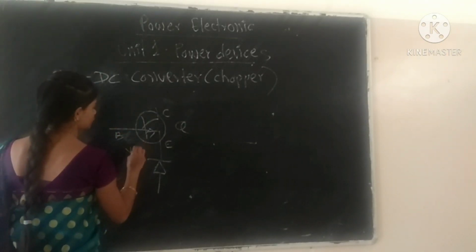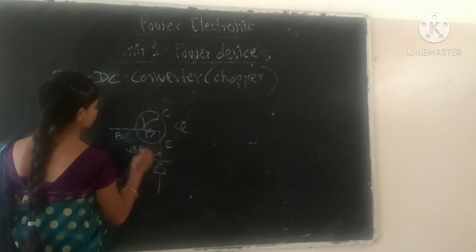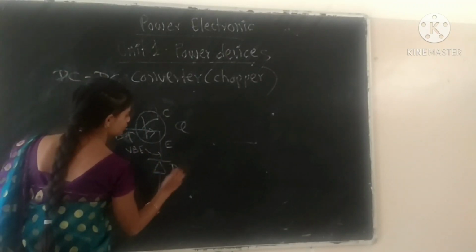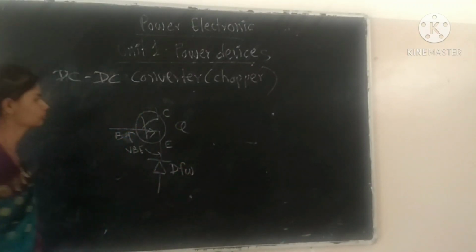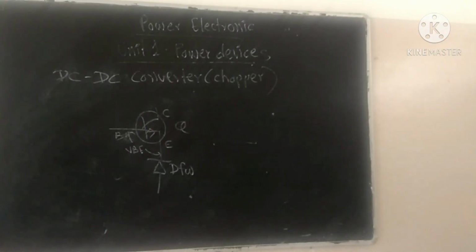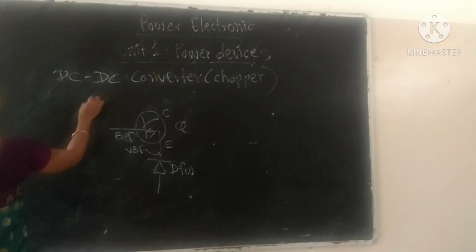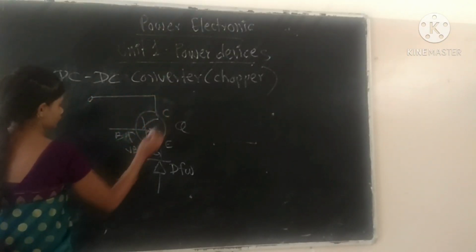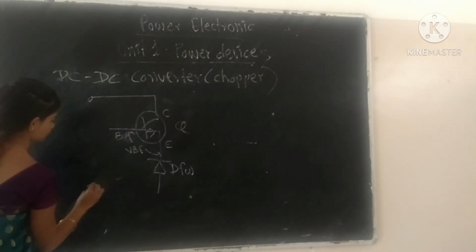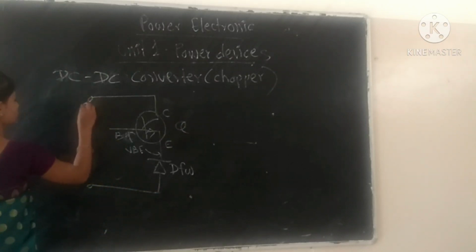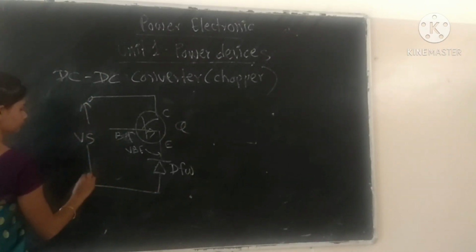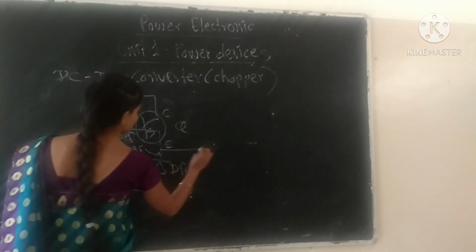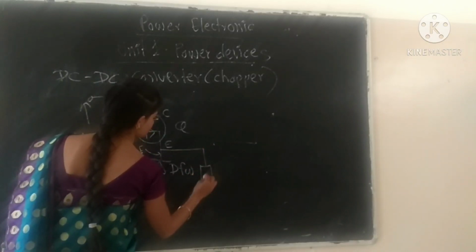Here the voltage is VBE. Here it is the DFW diode. Here we give the input VS, and the output is taken across this load.